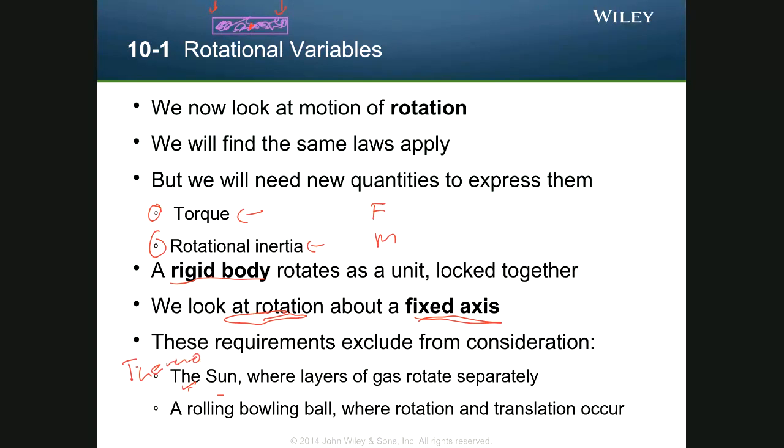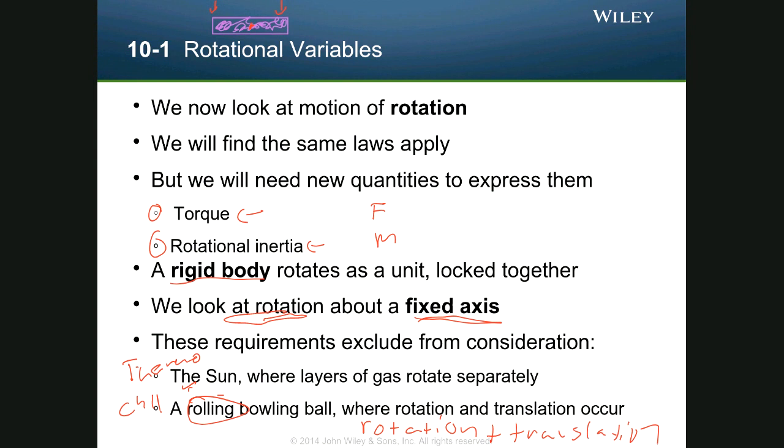And this is chapter 11. A rolling bowling ball is not what we're going to cover here, because chapter 11 is rotation, which we'll learn now, plus translation. And that gives you rolling.